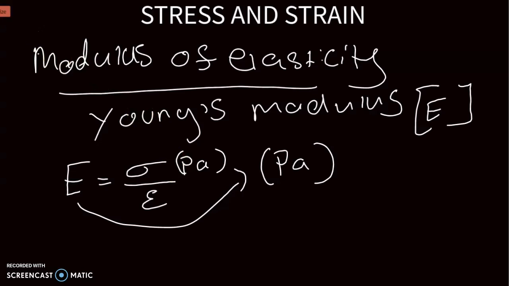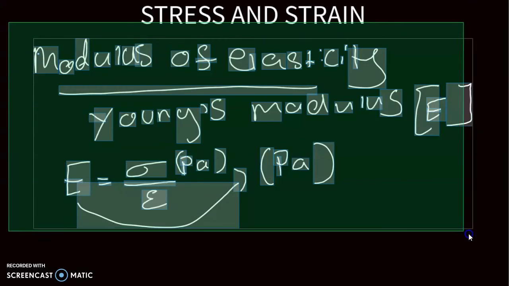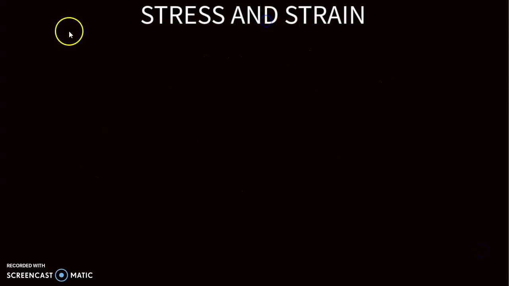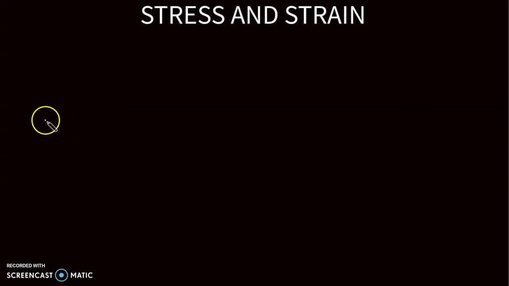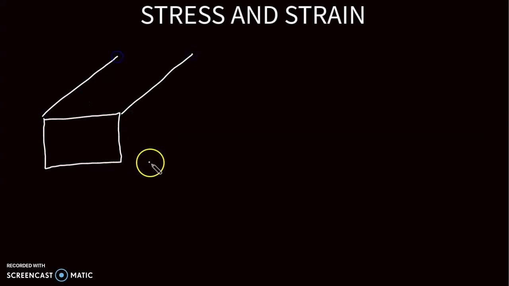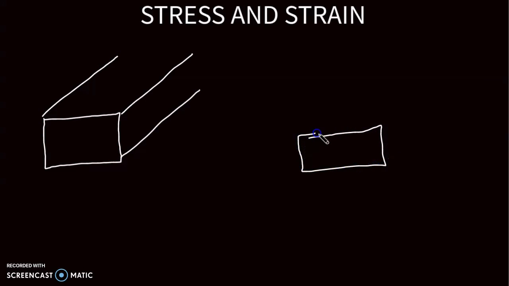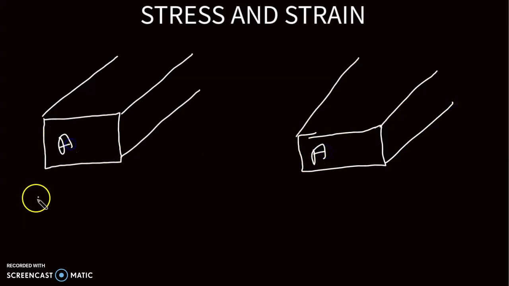So let's take an example. We have 2 beams of the same cross-sectional area. This is beam number 1, and this will be our beam number 2. Let's say they have the same cross-sectional area, and there is a force applied.